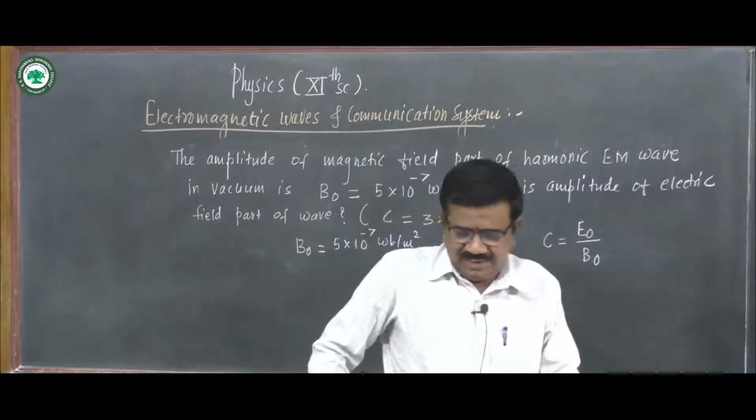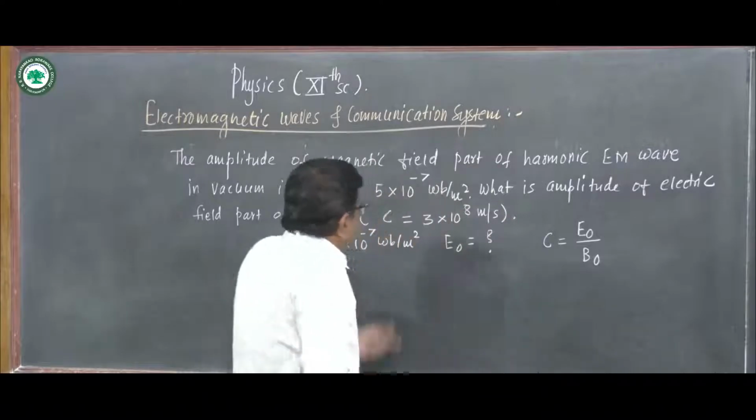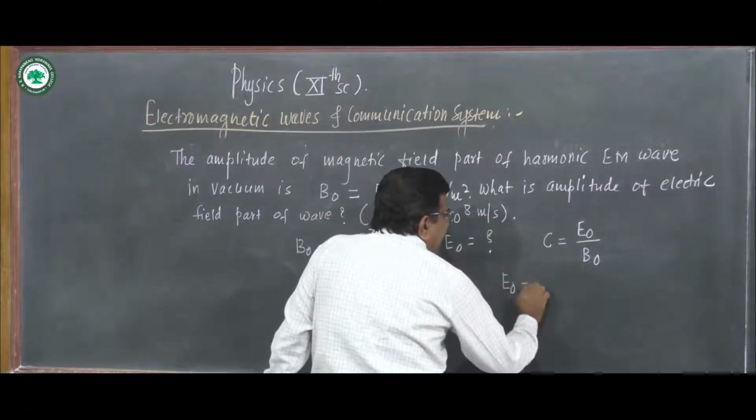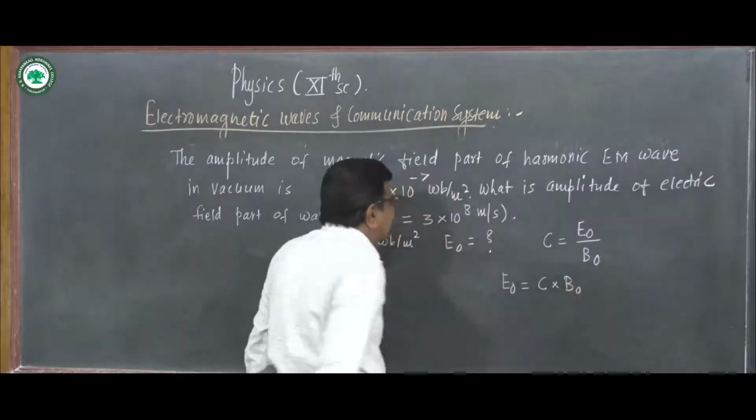We know this formula. Therefore, E0 is C multiplied by B0.